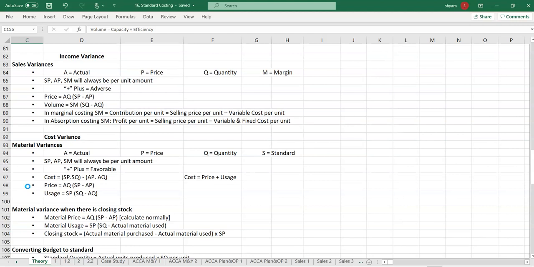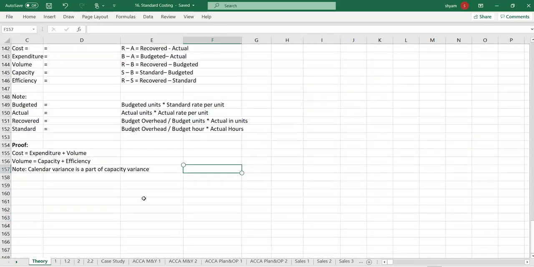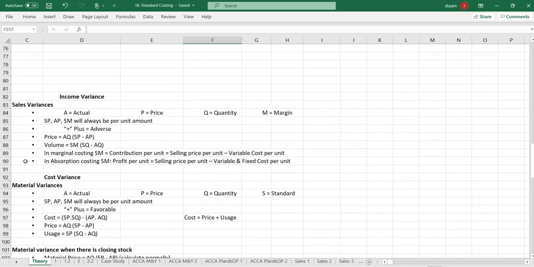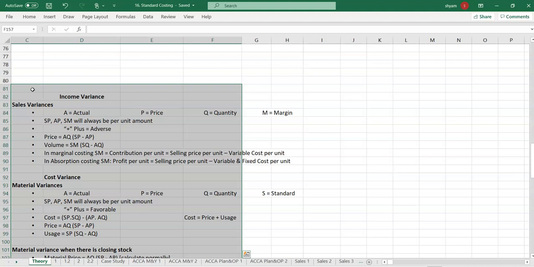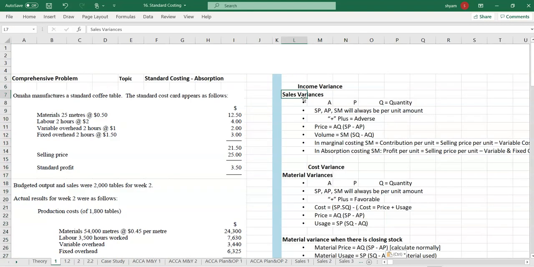because standard costing is a complicated idea. But we'll copy all these formulas. So I'll put all the formulas here.